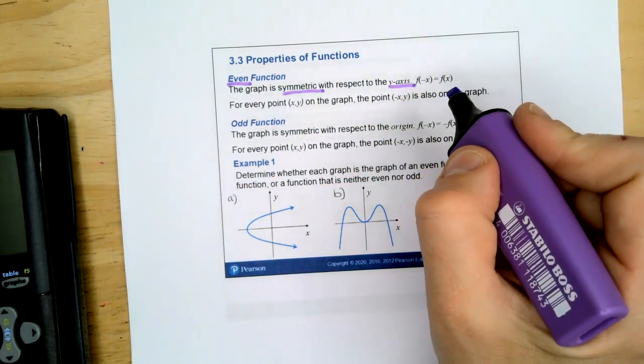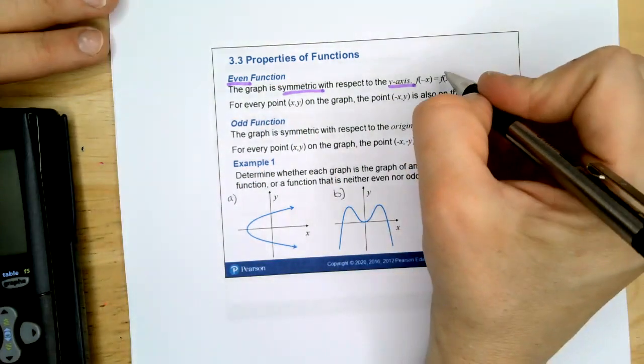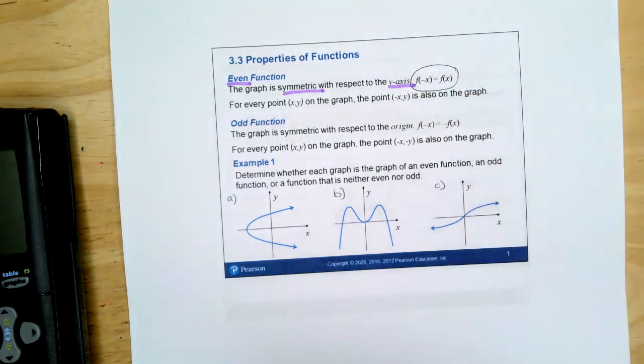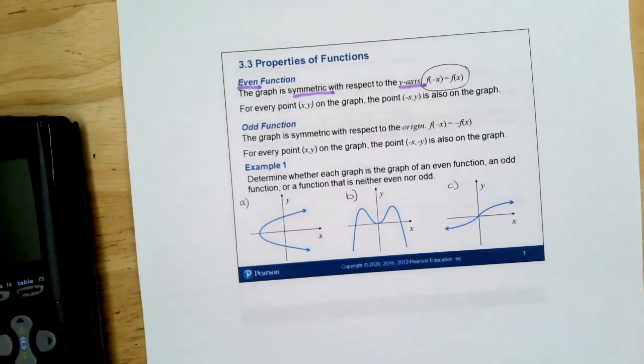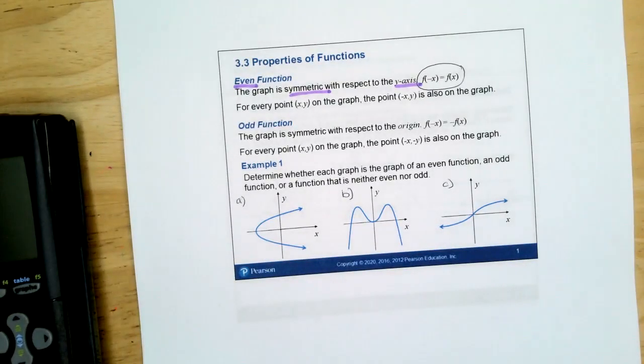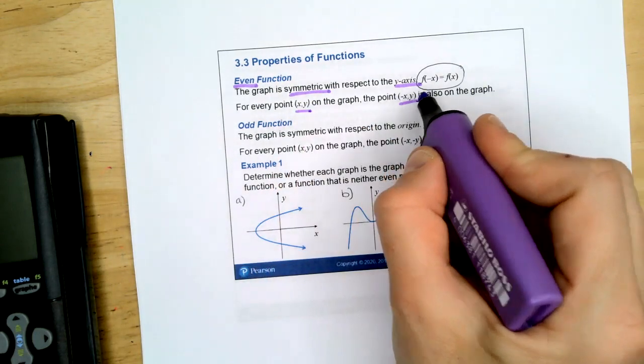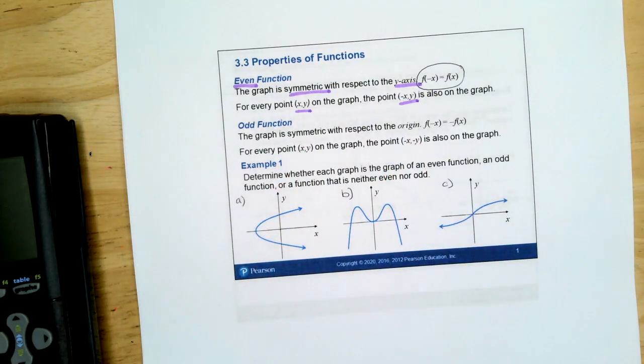That means that f of negative x simplifies to equal f of x. We already talked about symmetric with respect to the y-axis in the previous unit: for every point x, y on the graph, the point negative x, y is also on that graph.